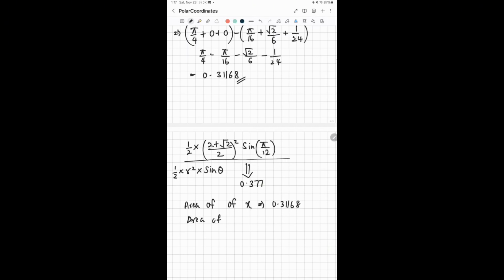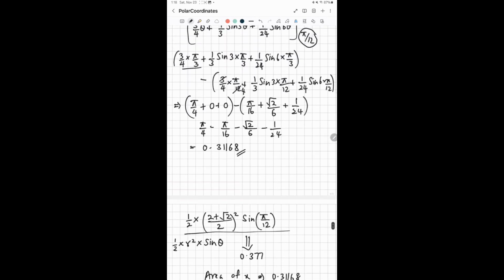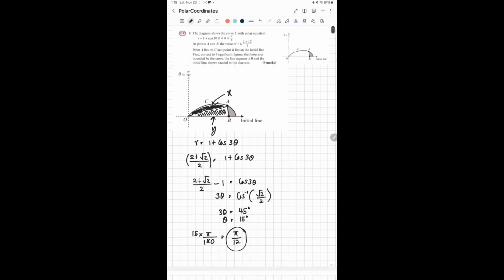Area of Y is 0.377. Now we're going to find the area of the shaded region.